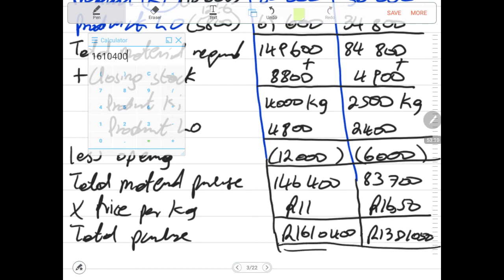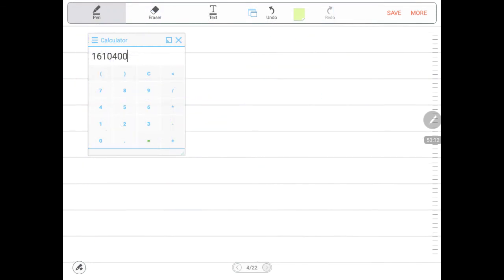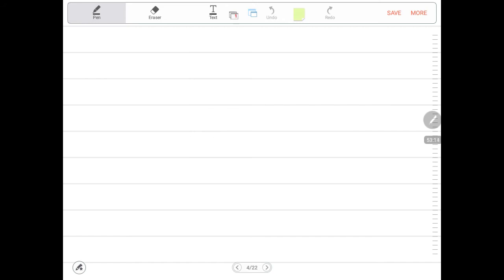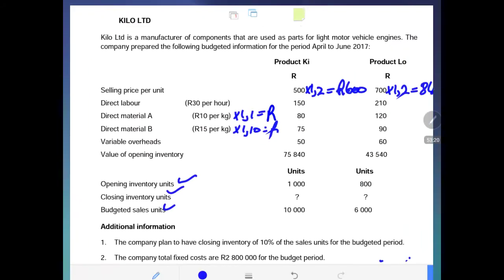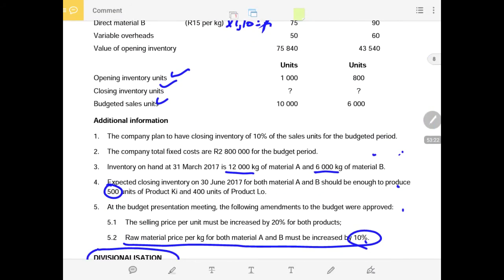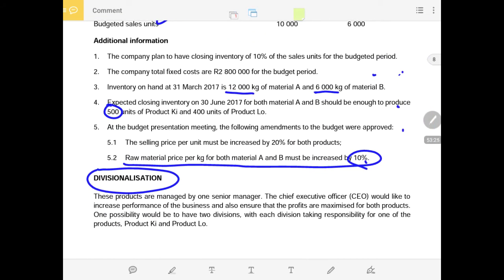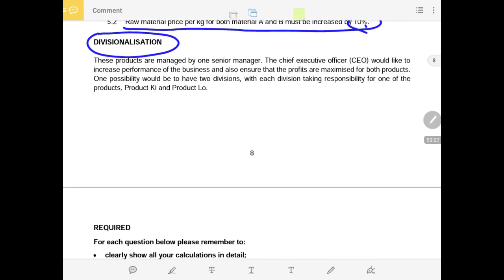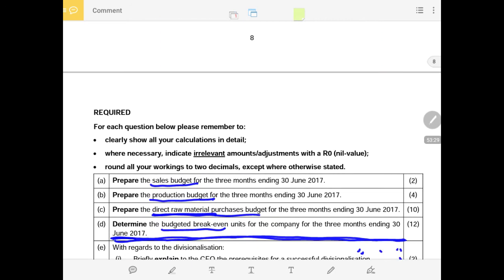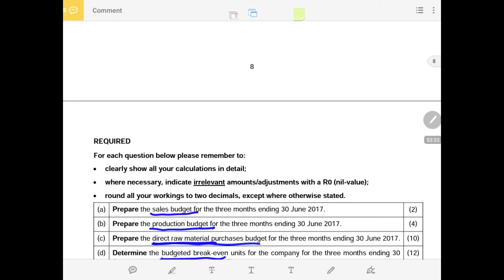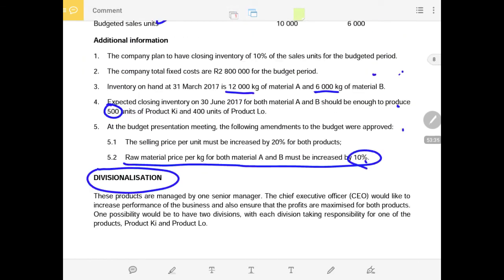Then we go to the last requirement, a very lovely requirement, and I love the break-even point calculation. We are required to calculate our break-even point, budgeted by the end of this quarter. Few minutes, we're done.